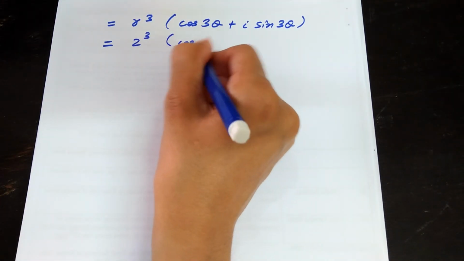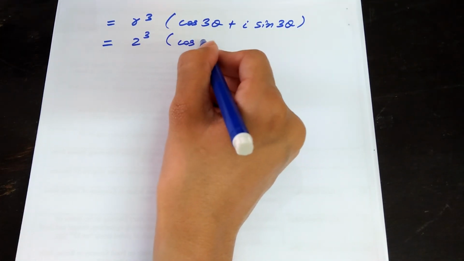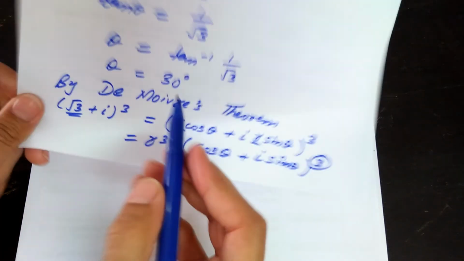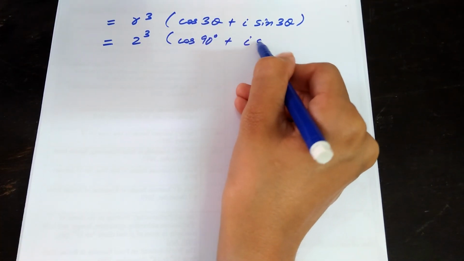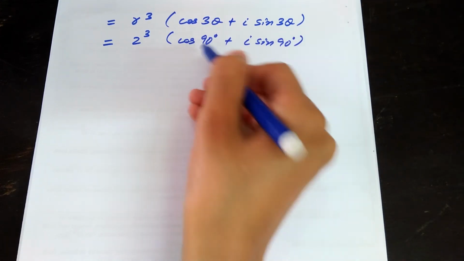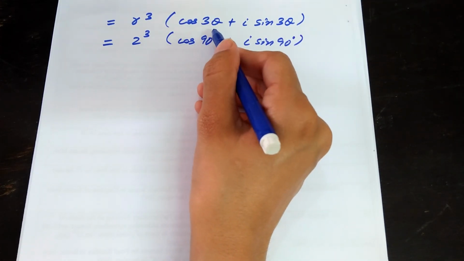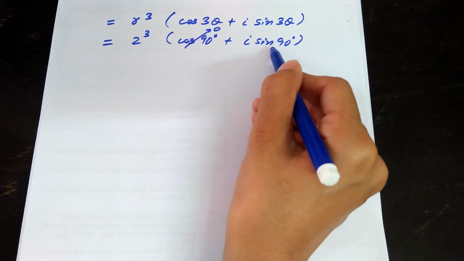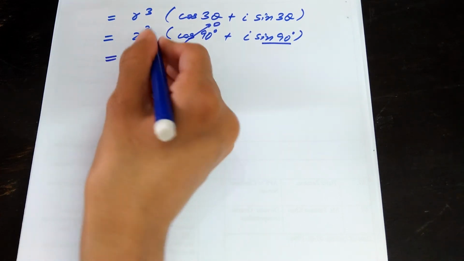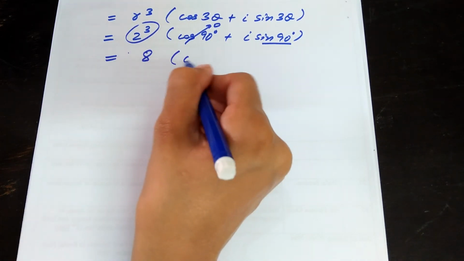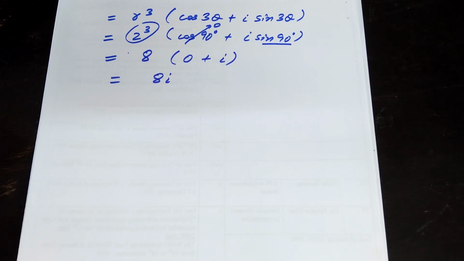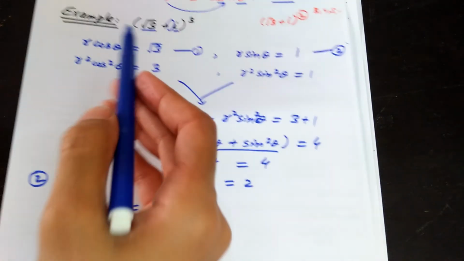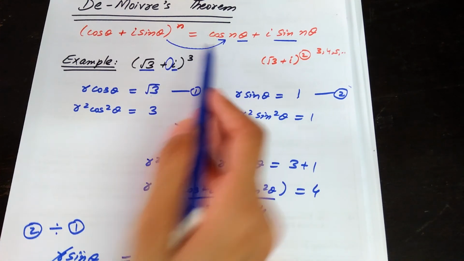And now cos 3 theta, where theta is our 30 degrees. So 3 times 30 degrees will be 90 degrees here. Plus iota sine 90 degrees. You know that cos 90 degrees gives us 0 and sine 90 degrees is 1. And from 2 cube we got 8. So we got 8 times 0 plus iota, and that will be equal to 8 iota. So basically this is the solution for our example using De Moivre's theorem.